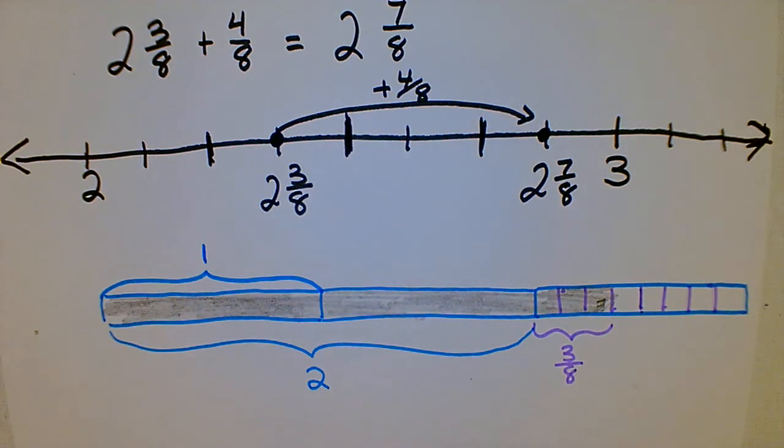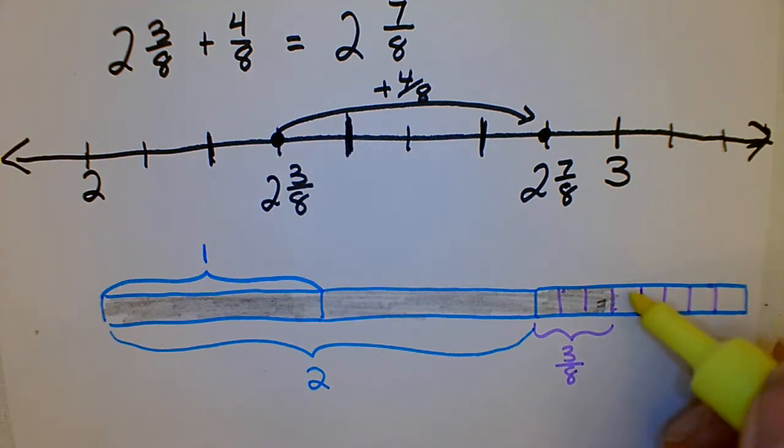Okay, and then what happened was we added on another 4/8. I'm just going to use my highlighter. Again, I'm really just doing this for you to see this. So we started with 1 whole, 2 wholes, and 3/8. And now we're going to add on 4/8. So I'm going to add on 1/8, 2/8, 3/8, 4/8.